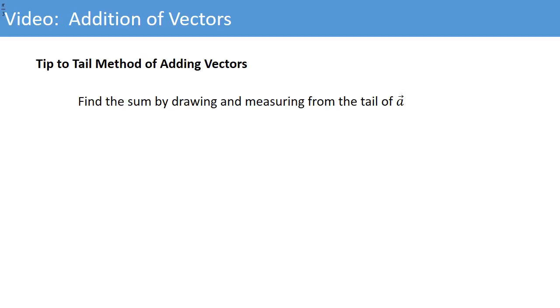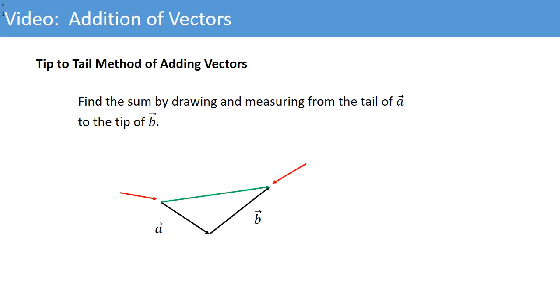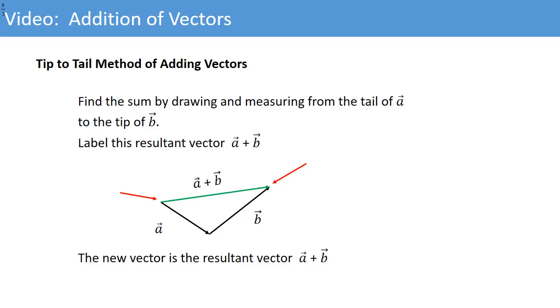Now, find the sum by drawing and measuring from the tail of A to the tip of B. Label this resultant vector, vector A plus vector B. The new vector is the resultant vector, vector A plus vector B.